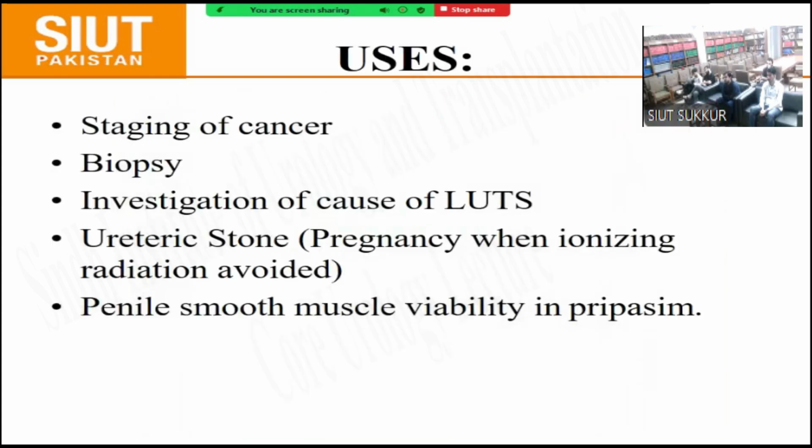The uses of MRI are staging of cancer, MRI guided biopsy, investigation to diagnose the different causes of hematuria, ureteric stone in pregnancy when ionizing radiation is avoided, or penile smooth muscle viability in a patient with priapism.